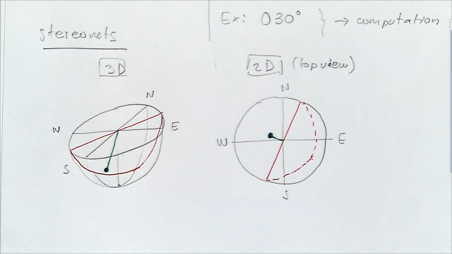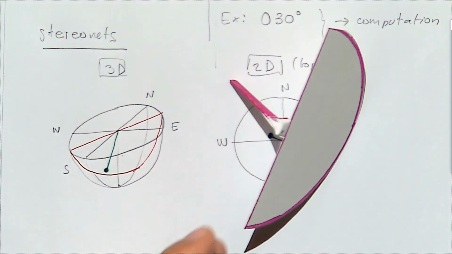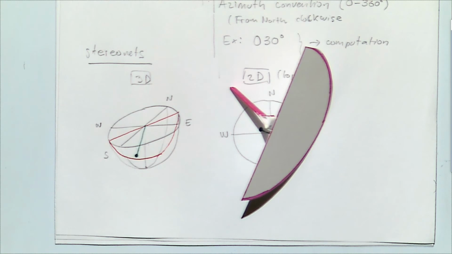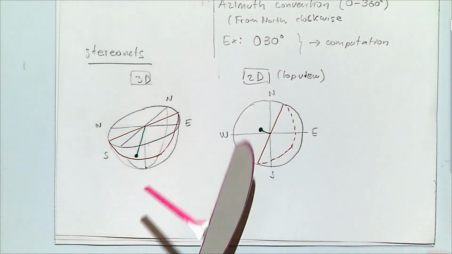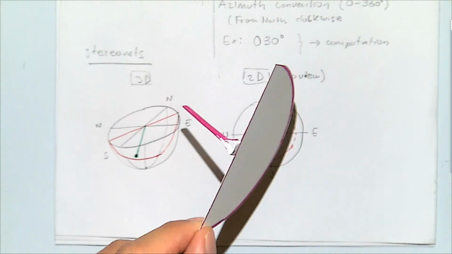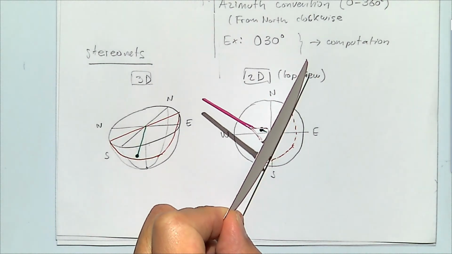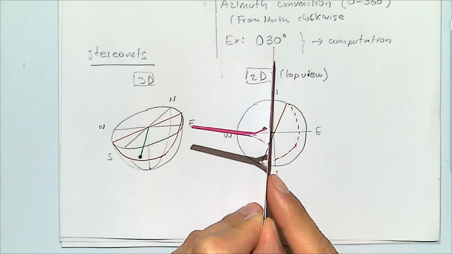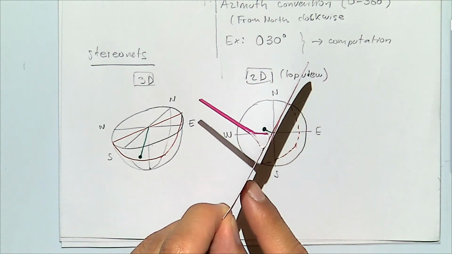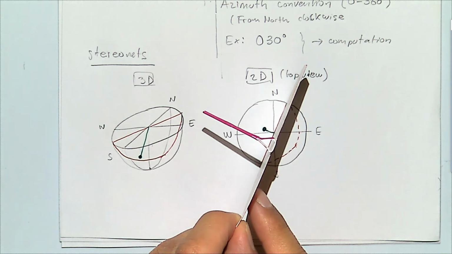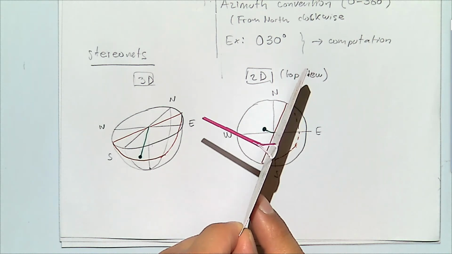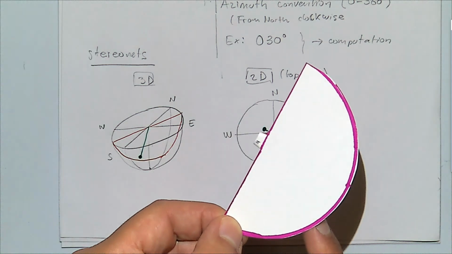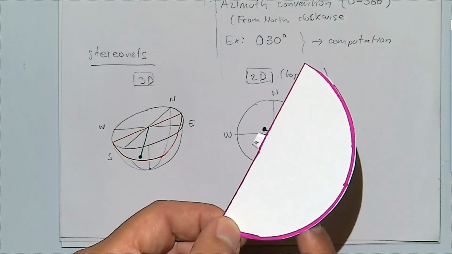And let me show you with my little toy, that you can also use. You can make one of your own and use it in the exams. This is the plane, okay? So the plane, we said it has strike of 30 degrees. That will be strike of 0 degrees. This is strike of 30 degrees. And now the dip is 90 degrees. If I take it all the way over here, that would be a dip of 0 degrees.